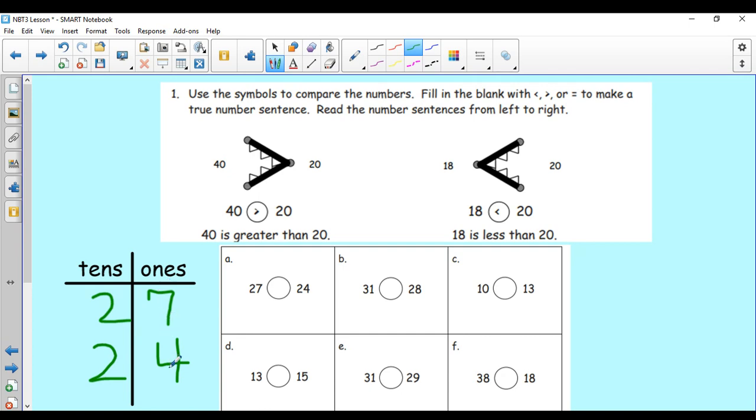So 7 ones or 4 ones, well 7 is larger than 4, so that means that 27 is larger. So I'm going to use my symbol to make the alligator eat the larger number. So 27 is greater than 24. That's a little bit wonky looking, that's okay.